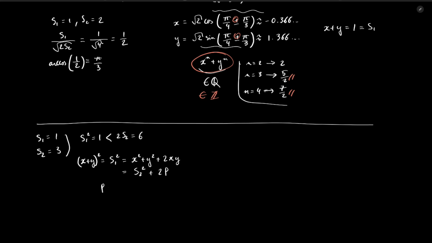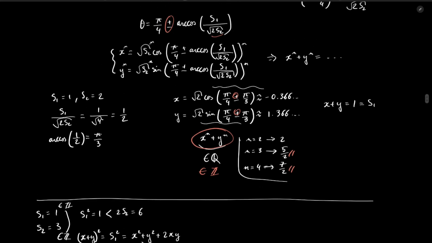So we have p that is equal to (s1 squared minus s2) divided by 2. That is equal to (1 minus 3) divided by 2, so this is equal to -1. So p in that case is an integer, so is s1 and so is s2.